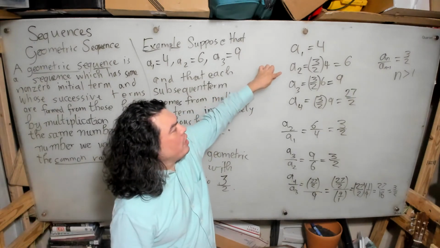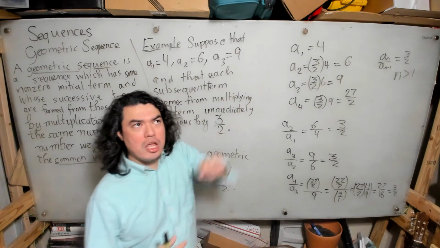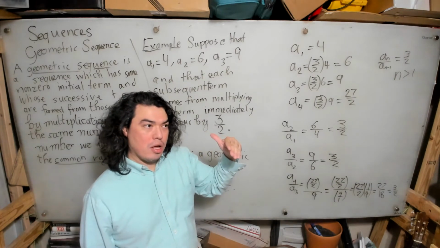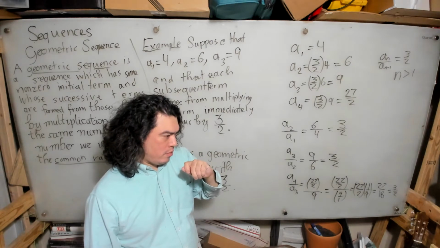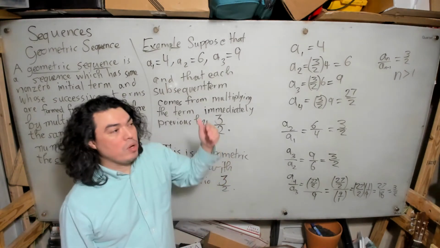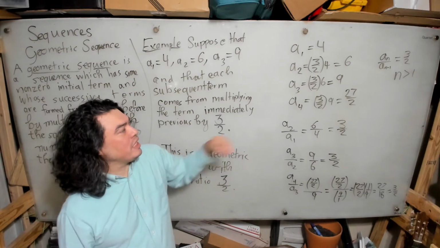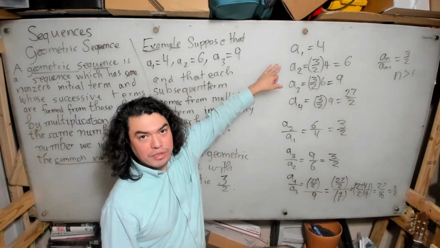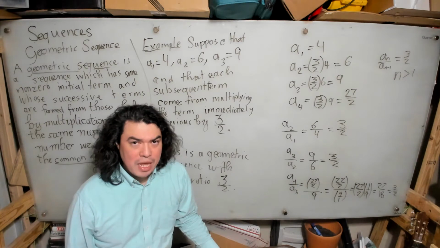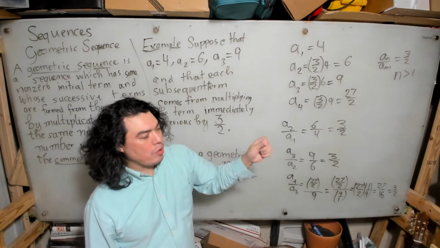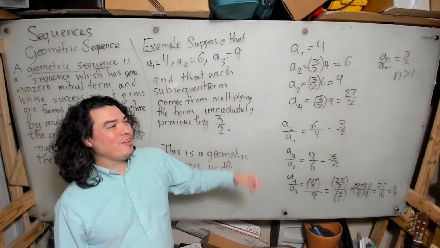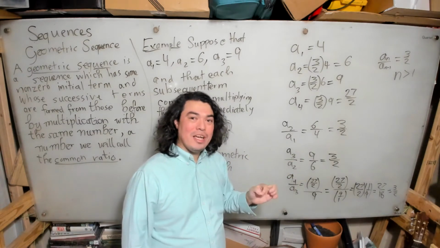Because if you take any two consecutive terms from a geometric sequence, the one with the larger n value, let's say a3, and you divide it by the one immediately previous, you will get the same ratio.